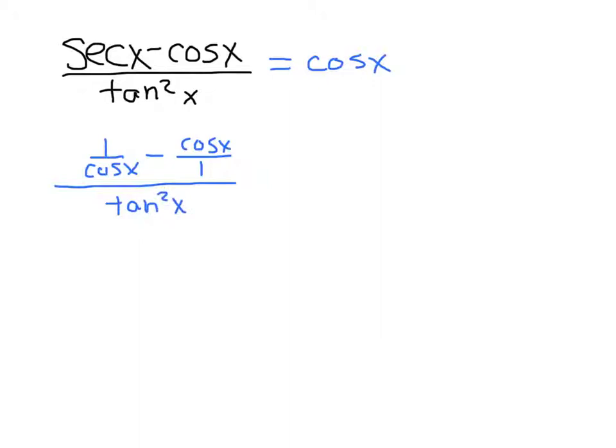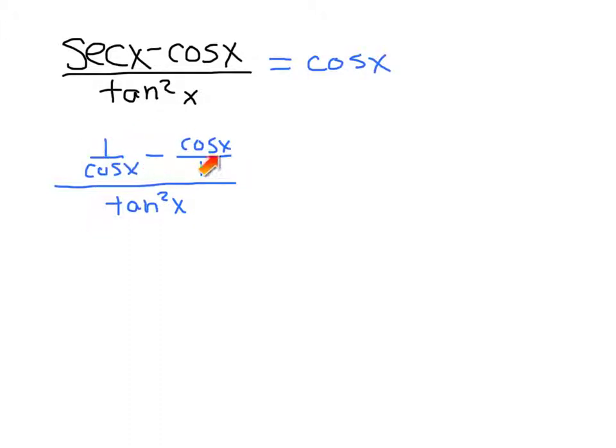Now my Pythagorean identity says that tangent squared is secant squared minus 1. Yeah, I had to look that one up. And I don't think replacing this with secant squared minus 1 is going to look any nicer.